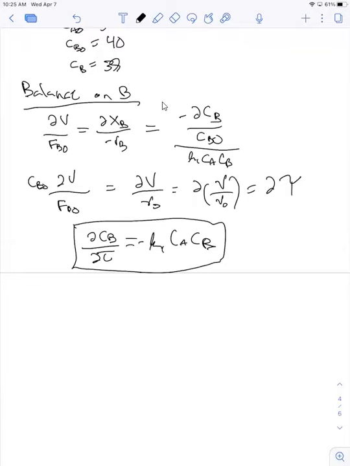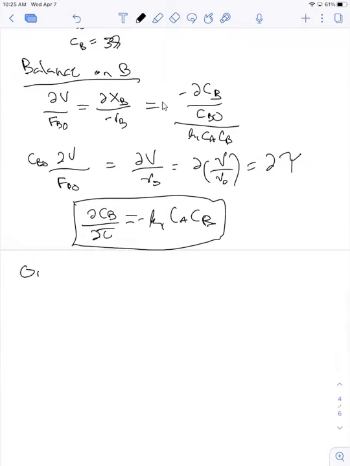Next we do the same as before, on R. So we'll have in, out, plus generation equals accumulation.